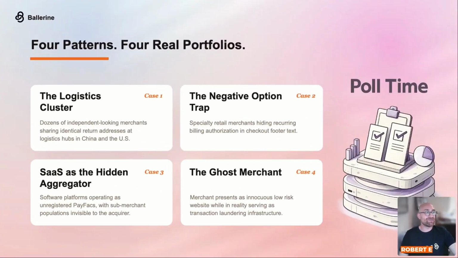So without further ado, we'll get into the first case, okay? In each of the cases, we're going to look at what the scenario is, some of the signals you can pick up behind these typologies, what it actually means practically, and maybe if there's a lesson to take away.